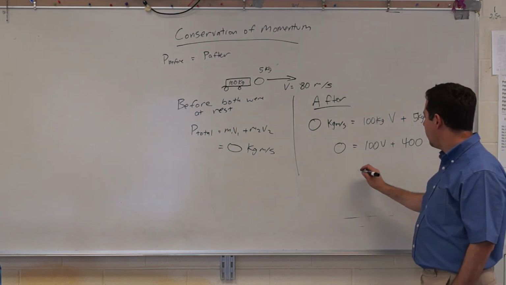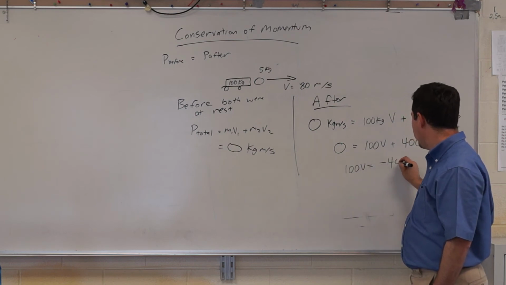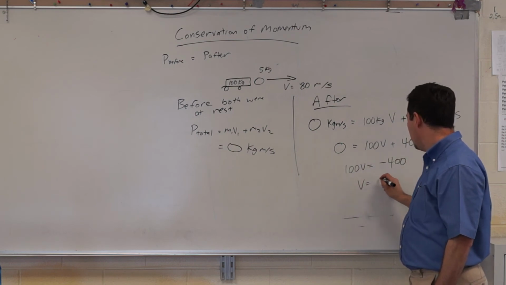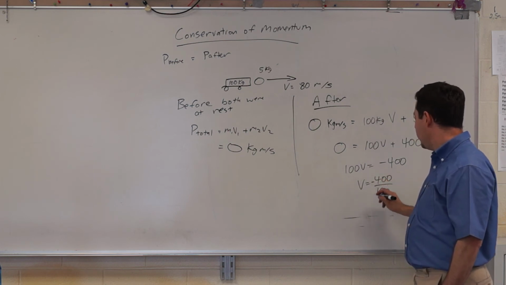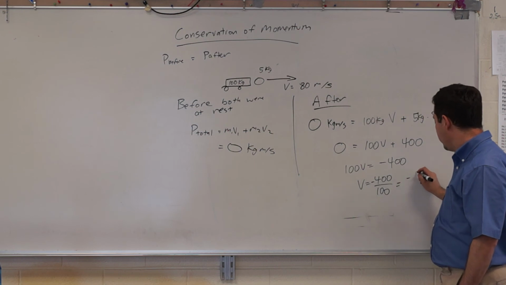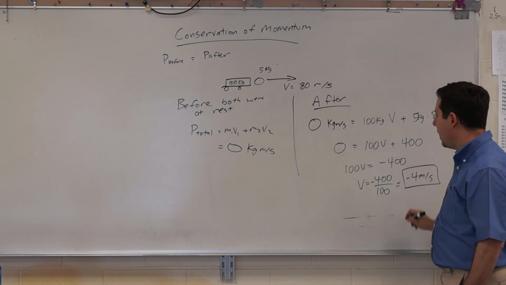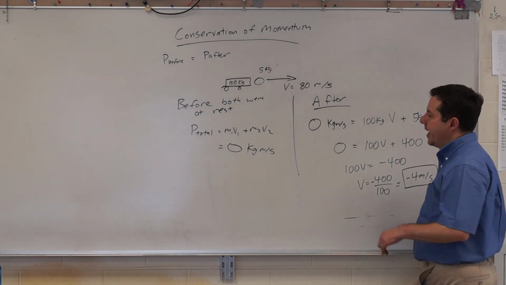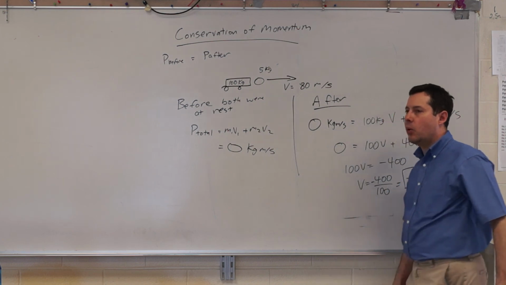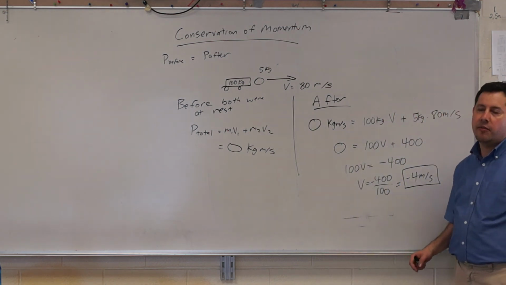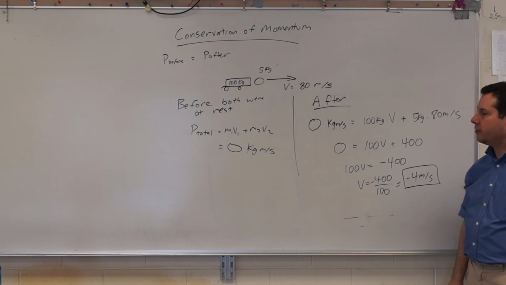And so let's solve for V. 100 V equals negative 400. So V equals negative 400 divided by 100. So negative 4 meters per second is your velocity. So the cannonball is going at 80, and your cannon recoils, going 4 meters per second in the opposite direction, the negative direction, to the left.